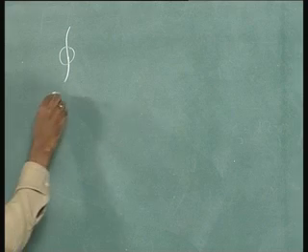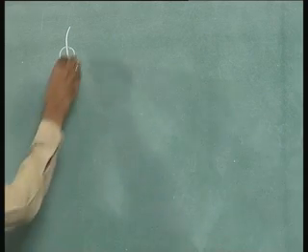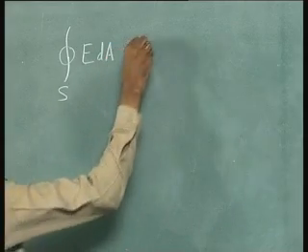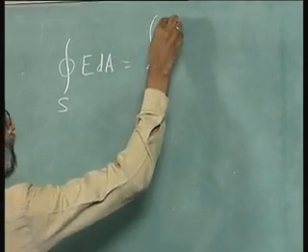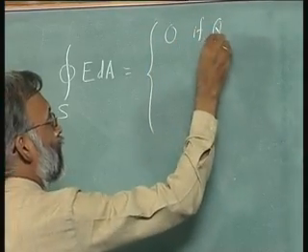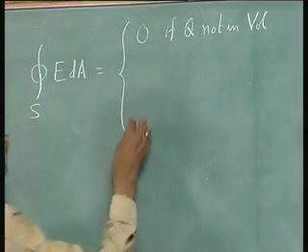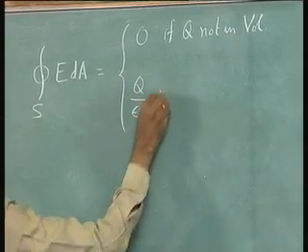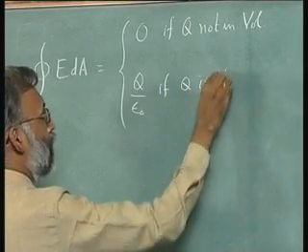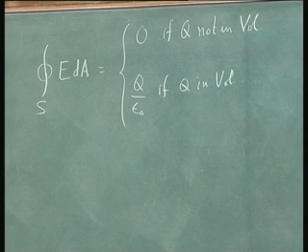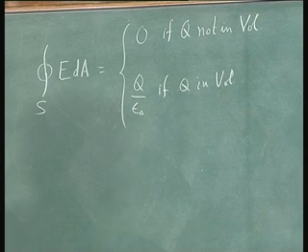The circle means integral over the entire area of the surface of any surface S, E dA, is equal to one of two things: 0 if q not in volume, q over epsilon naught if q in volume. Should be a fairly obvious statement.